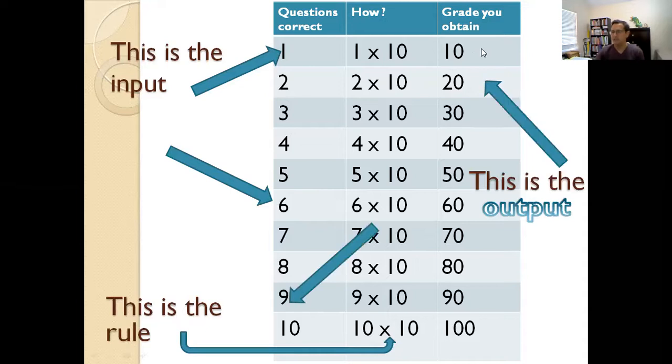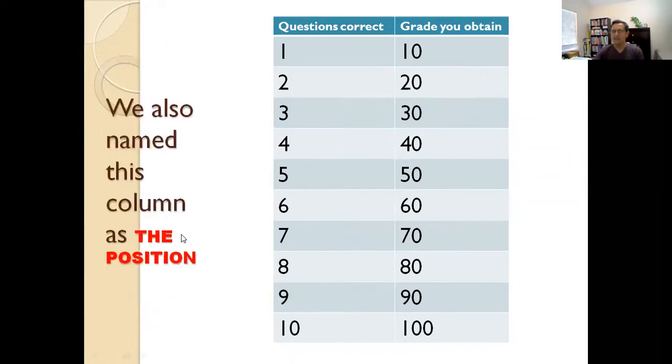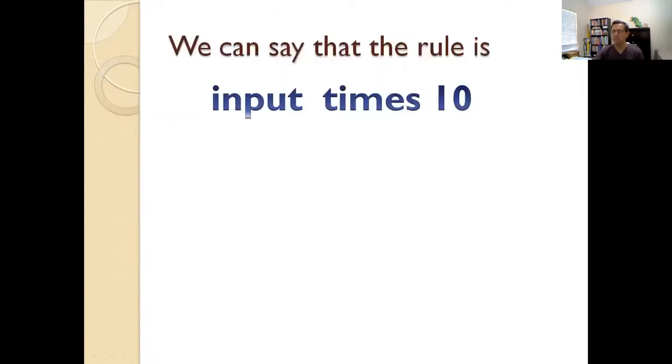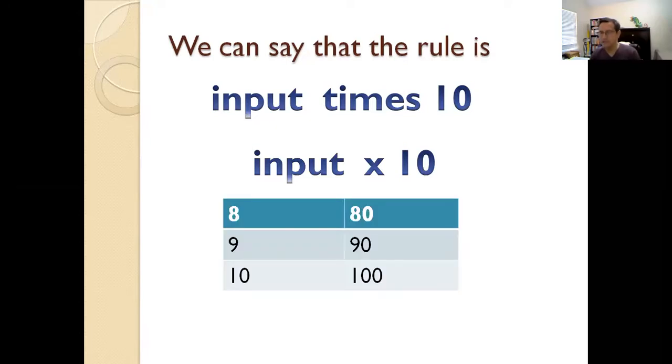This one and this one, everything in this column, we call it the output. So remember that this column here, we call it the position. The position. We can say that the rule here is input times 10 if we use words, or input times 10 if we use the sign of multiplication.